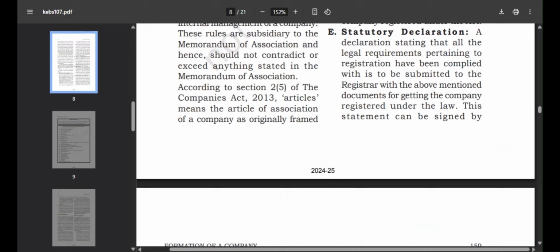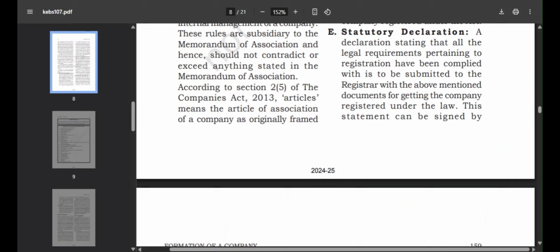See, all these documents that are required in the exam, you have to write in the same steps. You can't write the first point as statutory declaration, because the four other documents before it have to be given first to the Registrar of Companies. Only then your registration is complete. Only then the statutory declaration comes. So you cannot mix up the order.